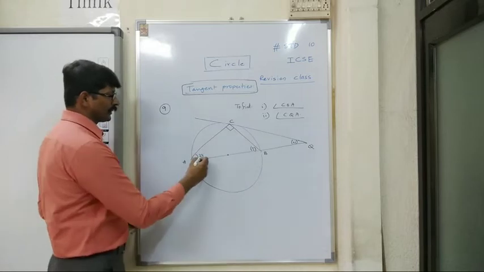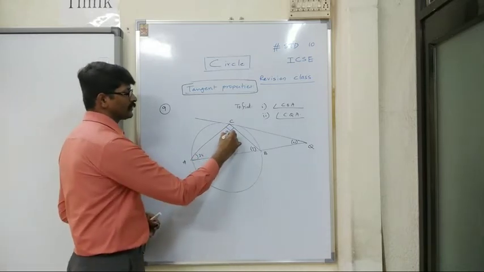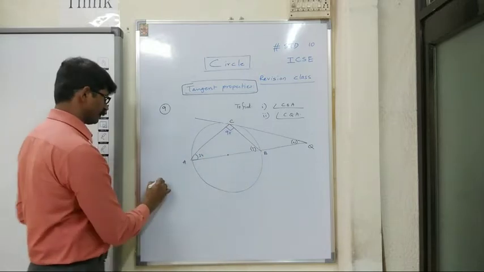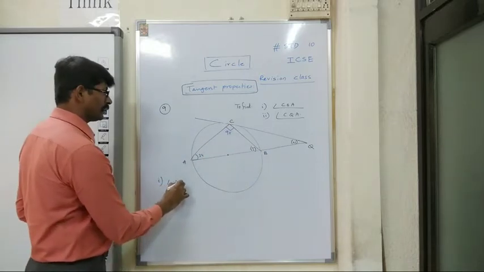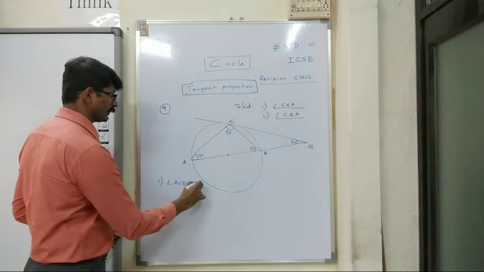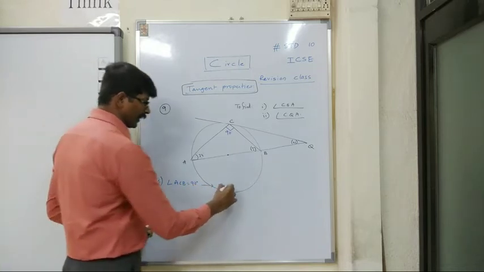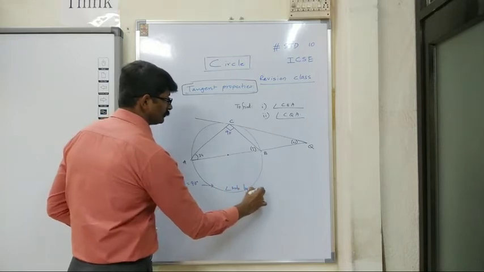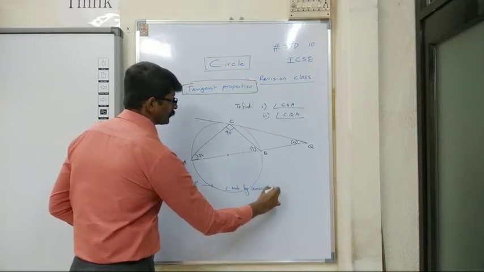So we know that this is 34 degree, this is 90 degree, so we can calculate this angle CBA. First statement you will write: angle ACB is equal to 90 degree, and then you write down the reason: angle subtended by semicircle is equal to 90 degree.